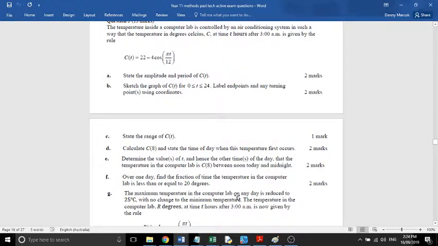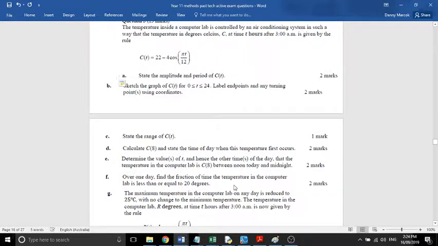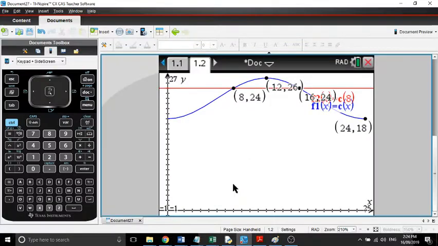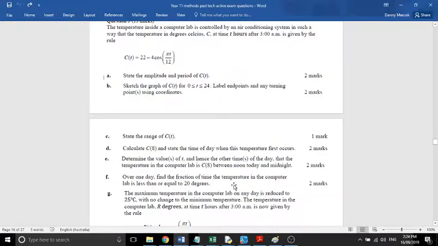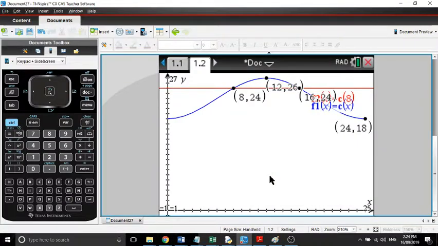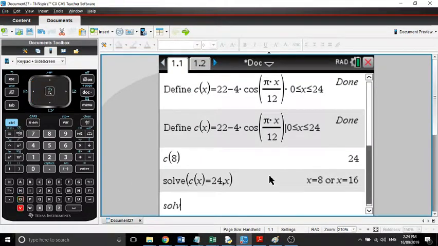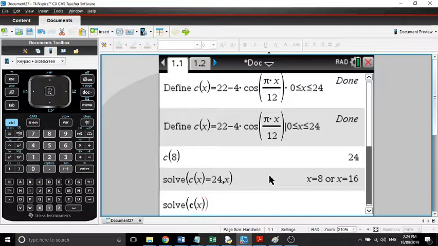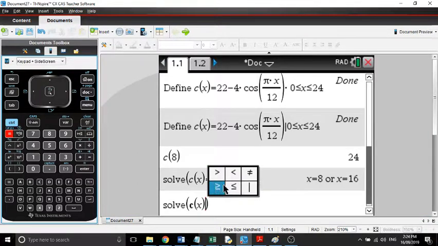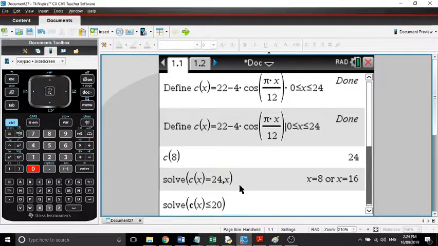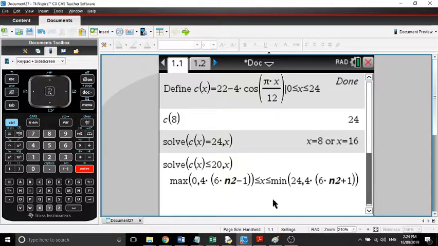Over one day, find the fraction of time that the temperature is less than or equal to 20 degrees. So we're going to see when it is less than or equal to 20 degrees: solve C of x less than or equal to 20 for x.